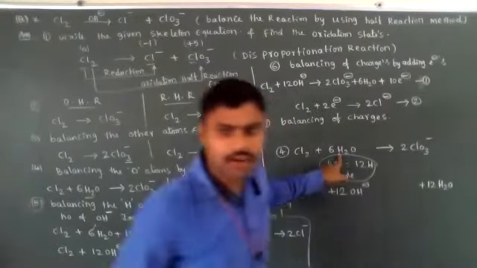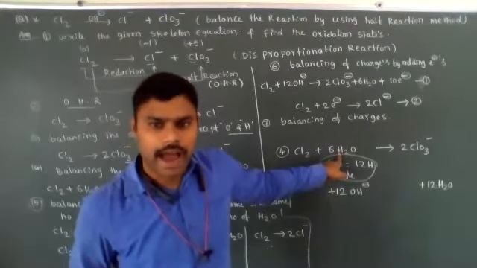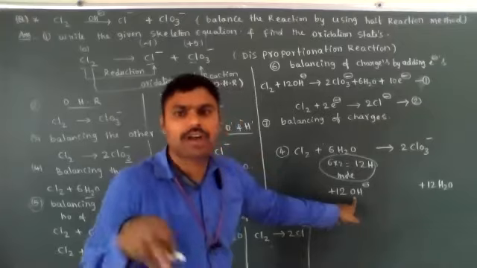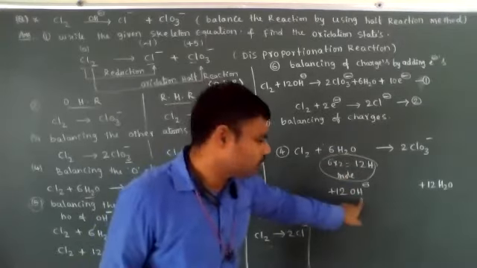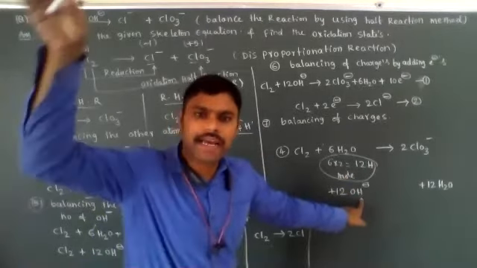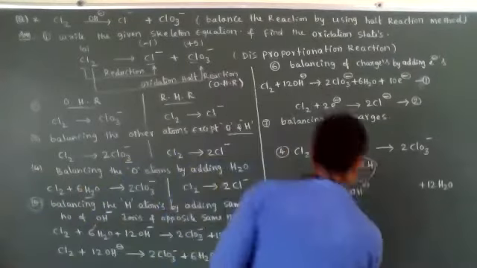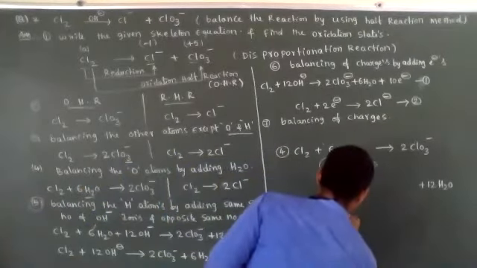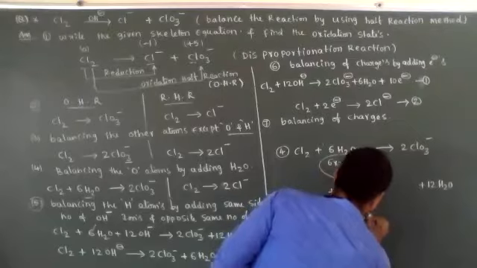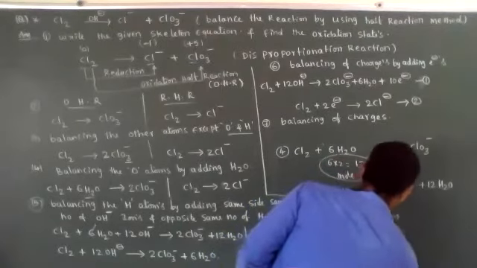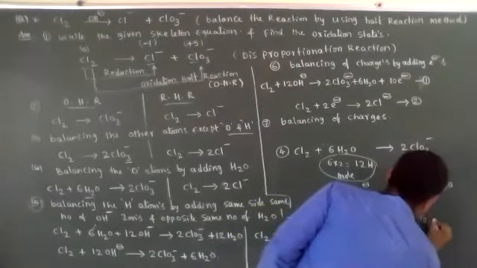Because 12 hydrogen atoms more came and on the same side I am adding 12 OH minus, that means 12 plus 12, 24 hydrogen atoms extra and 12 oxygen atoms.